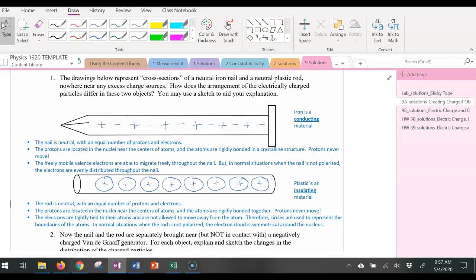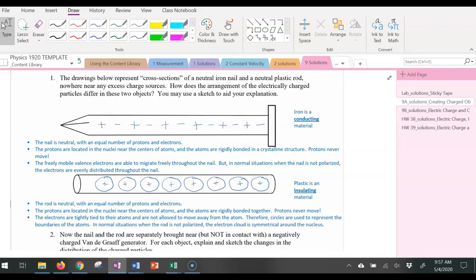Of course, in drawing them as pluses and minuses on this nail, the way that I've done it, these are much larger than the actual subatomic particles. But by drawing an equal number of pluses and minuses, I'm representing the fact that this nail is neutral. The positive charge of its protons is balanced by the negative charge of its electrons.